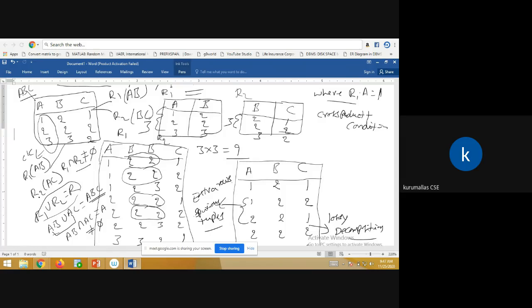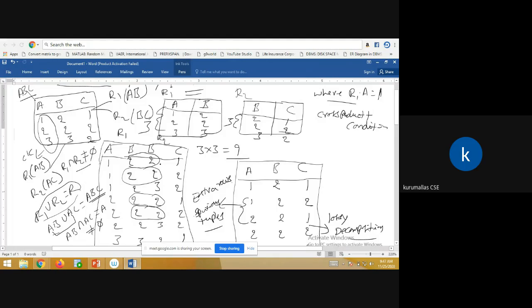So this is about the lossless or lossy decomposition technique. This is one type of fifth normal form. In your final exams, there may be a chance they ask what is lossless and lossy decomposition. If they ask about lossy decomposition, we have to explain all these things that I told.